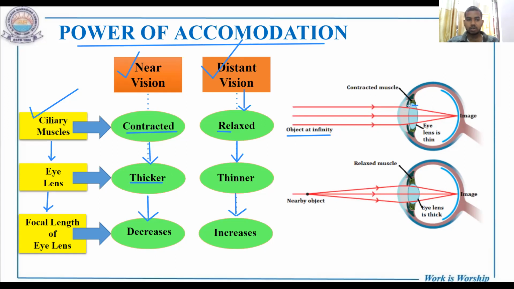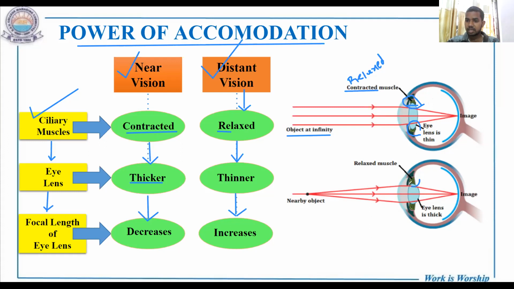Here it says the ciliary muscles get contracted. It is wrongly written. It is relaxed. For the farthest object we are seeing, it is relaxed. Make it relaxed. Because the ciliary muscles are thickened means they are relaxed, and when they are shortened, in this case, they are thickened at two corners.